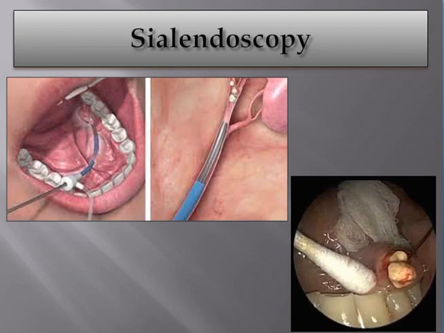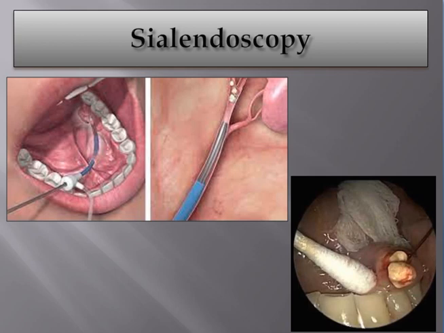Further treatment is dictated based on stone size, number, and location if conservative management is unsuccessful. Mobile submandibular stones measuring less than 5 mm located within the distal duct should initially undergo management with endoscopy.